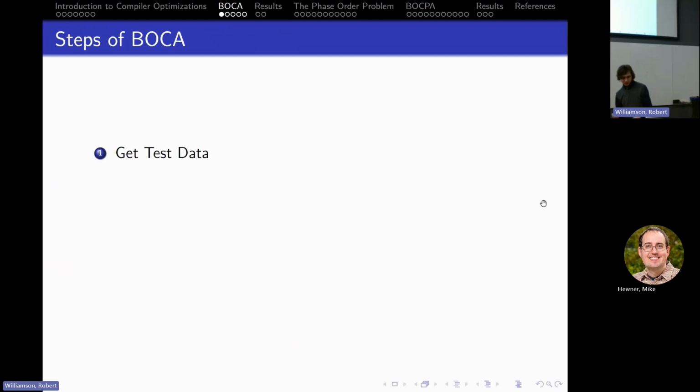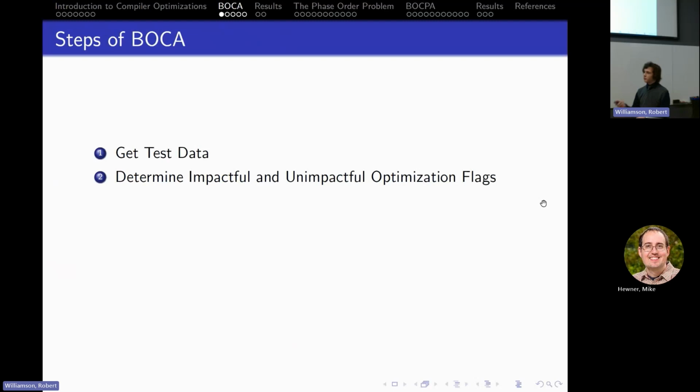Let's go through these steps. So we have some test data. Next, we're going to find which flags were impactful and unimpactful in changing the runtime. We're going to do this using a random forest. So there's actually a machine learning model embedded inside this machine learning model. Then we're going to create new candidates, but we're not going to run these candidates.